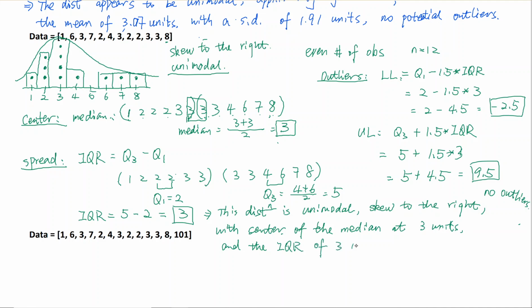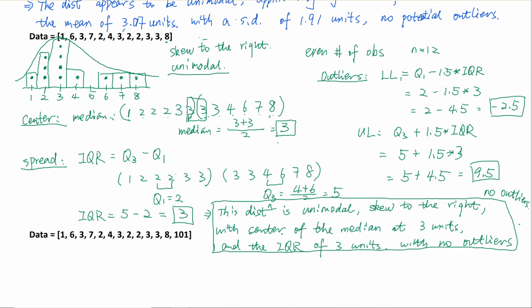Is 3 units, with no outliers. All right, so now you have the whole conclusion, or description, about this distribution.